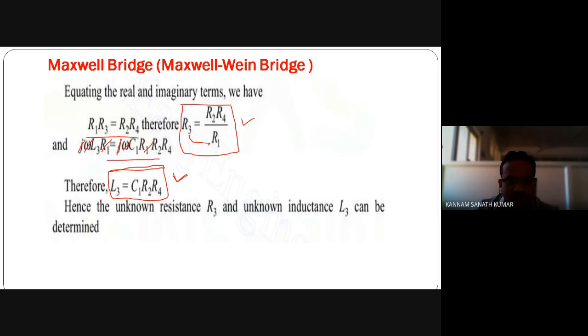And you got the inductance L3 equal to C1 R2 R4, where C1 is already known. So this is the unknown inductance. By using this derivation, you can find the unknown resistance and unknown inductance in terms of the known resistance and known capacitance by using the Maxwell's bridge.